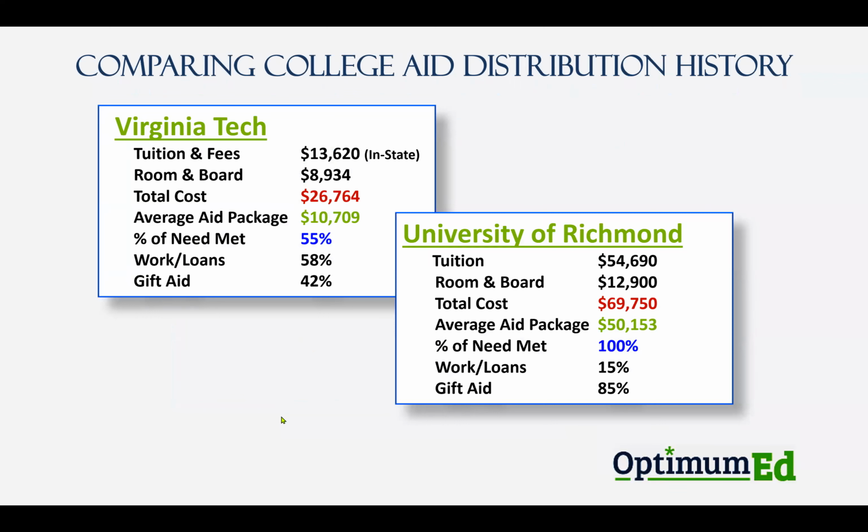Here are two schools here in Virginia, just to give you an idea of what you need to be looking at. And just because you establish need doesn't mean that the school can cover 100% of that need. And so you need to understand that there is information available out there as far as what percentage of that need the school has historically covered.